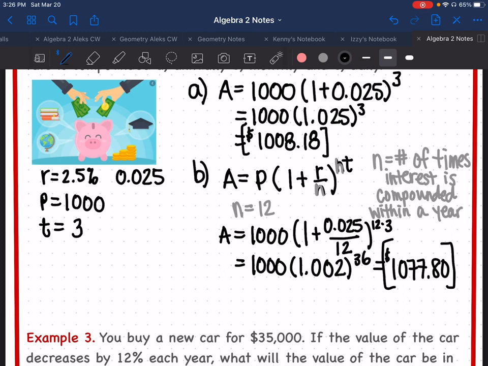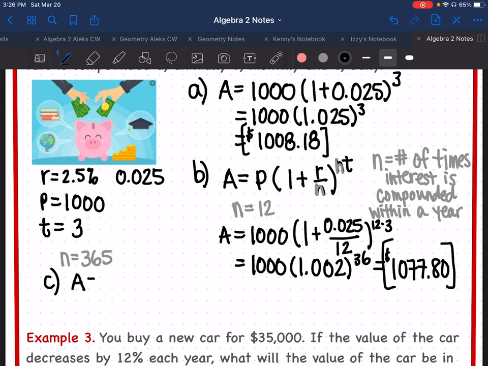Now for the last one, C, where we're going to compound it daily, I'm going to use that same new formula with the N, and N is going to be daily, 365, right? Because there's 365 days in a year.